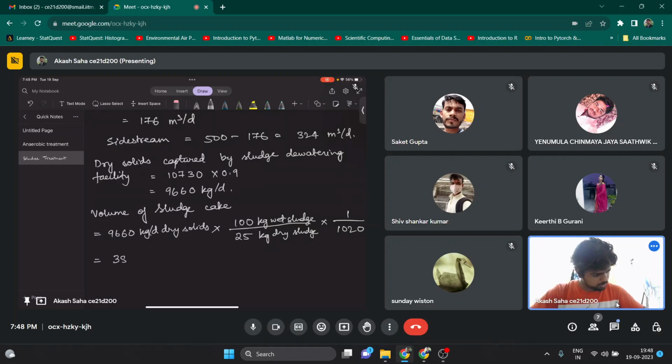So it will be around 38 meter cube per day. At first we found out side stream 1. So my side stream 2 from the sludge dewatering will be 176 was coming minus 38, which is 138 meter cube per day.